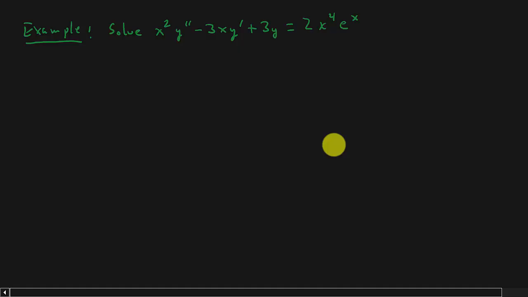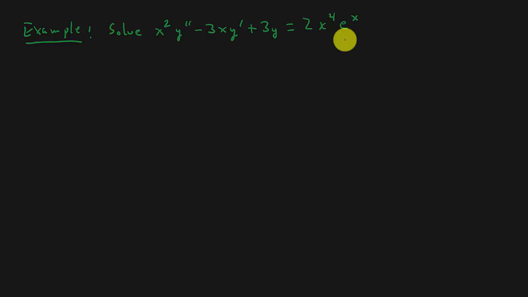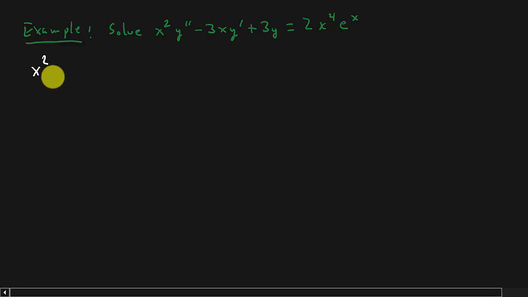So remember, we've got to find our complementary solution yc, so we have to solve the homogeneous equation, and then we have to do what? We have to find the particular solution. Alright, so what I'm doing right now is I'm solving x squared y double prime minus 3xy prime plus 3y equals 0. That's the one I'm solving right now.